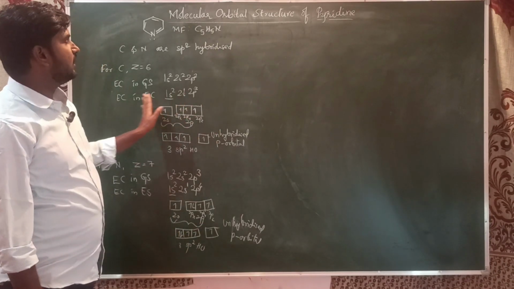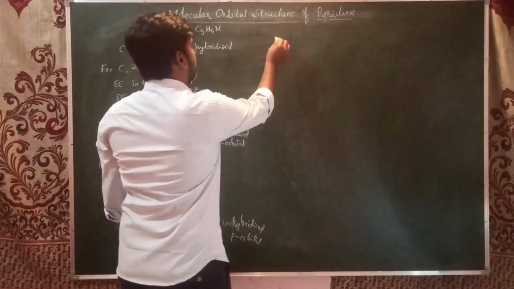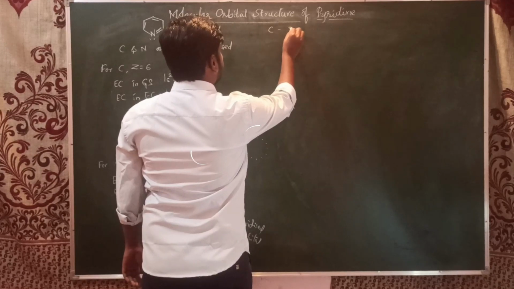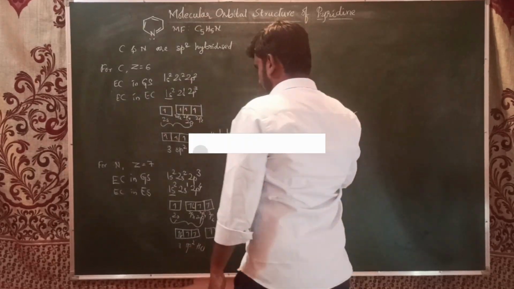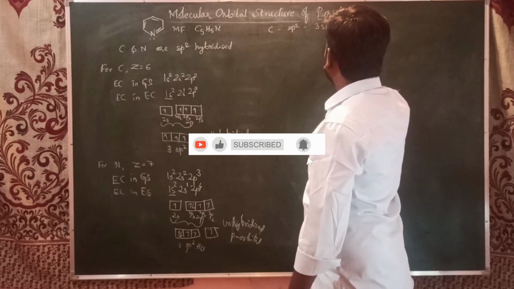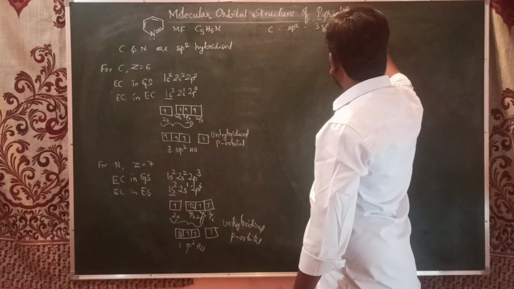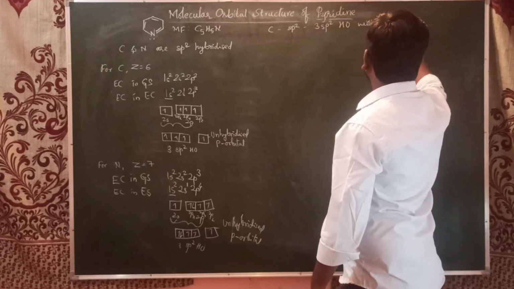I'm just summarizing the electron status here. The carbon atom is sp2 hybridized, and all three sp2 hybrid orbitals have unpaired electrons.